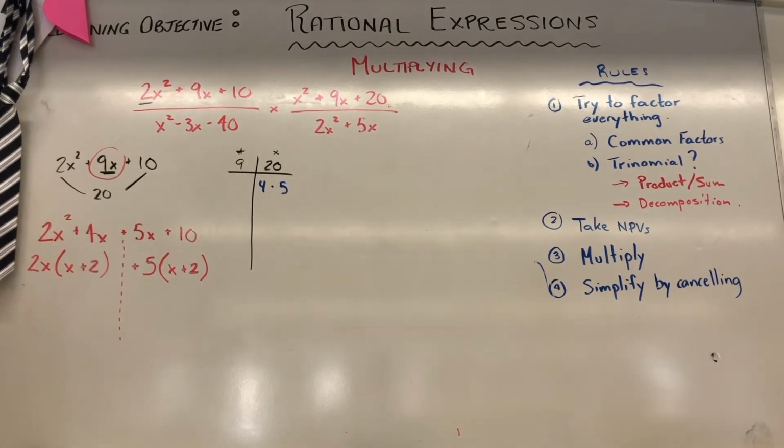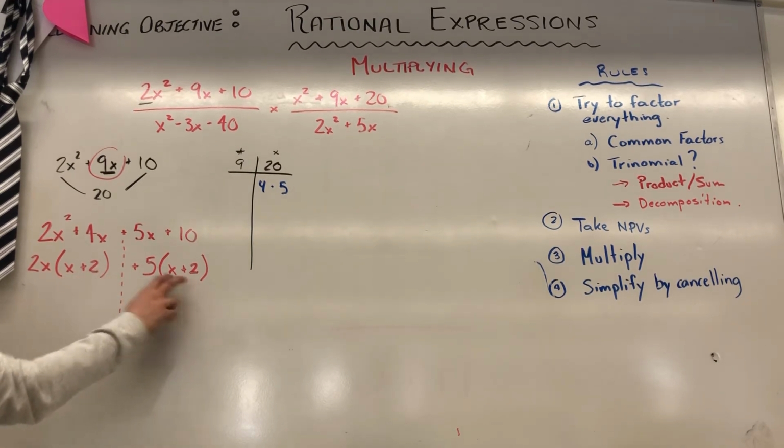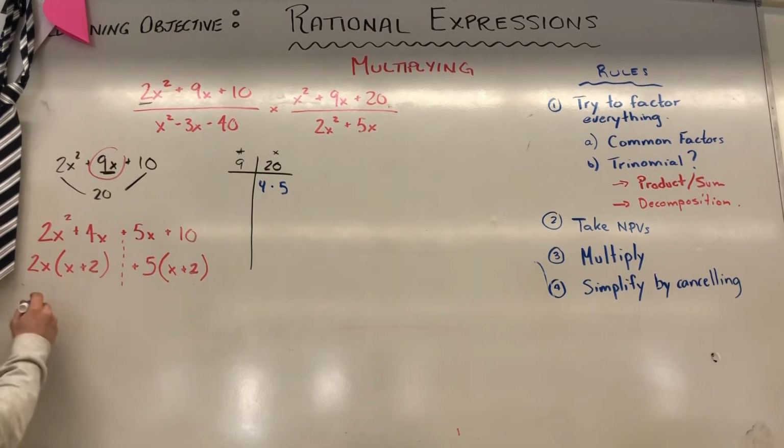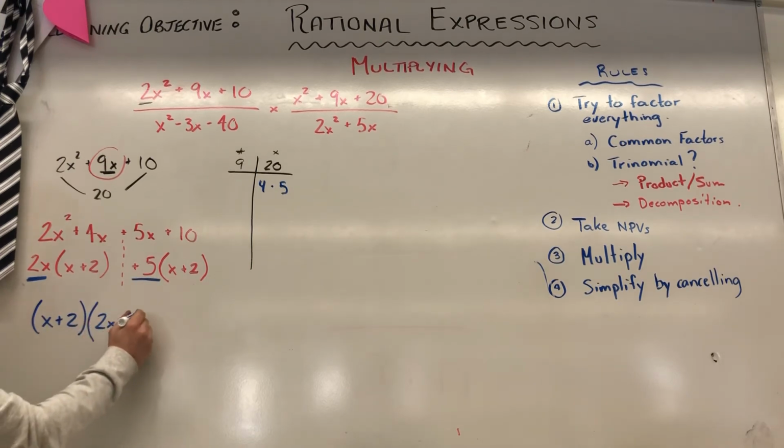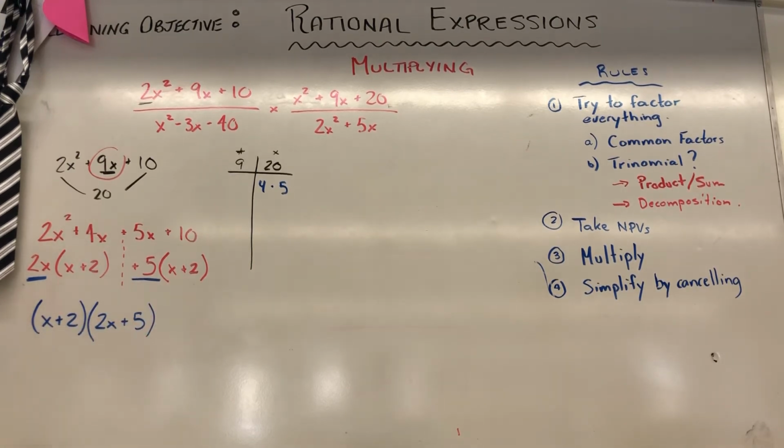So now, x plus 2 is common. So I can actually factor out an x plus 2, and the x plus 2 has to be multiplied by 2x plus 5. And that is how we factor using decomposition.